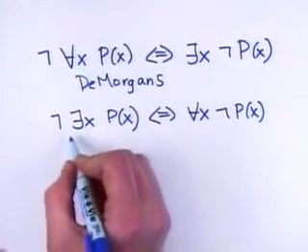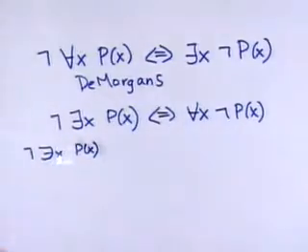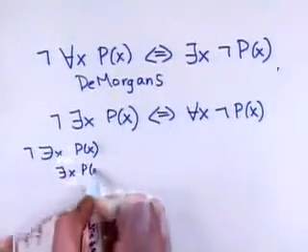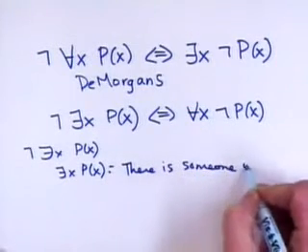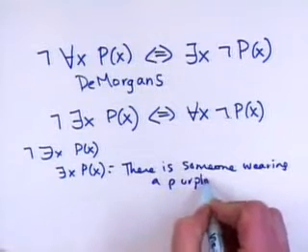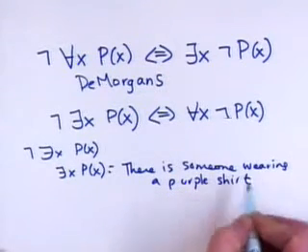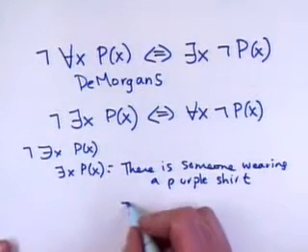So if I want to figure out how to write the negation of there exists x, P of x: there exists x, P of x means there is someone wearing a purple shirt. If I wanted to write a not for that, I would say there is no one wearing a purple shirt.